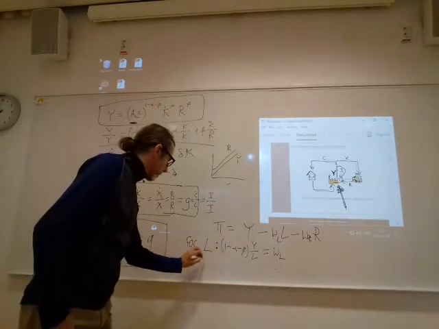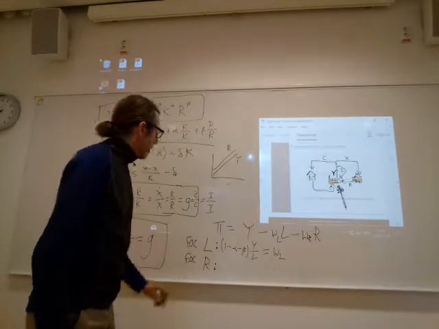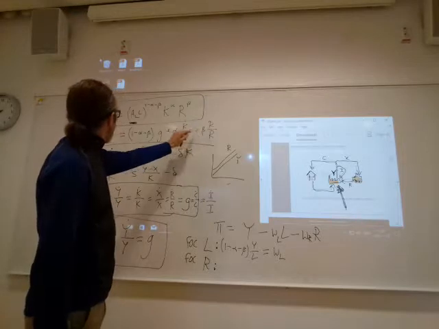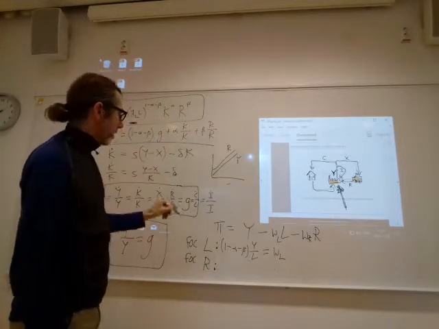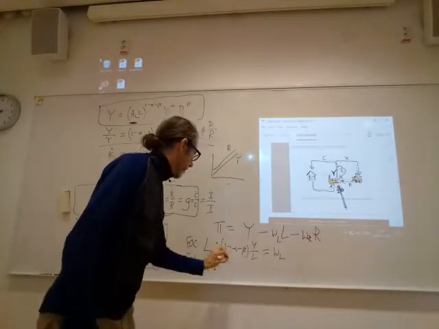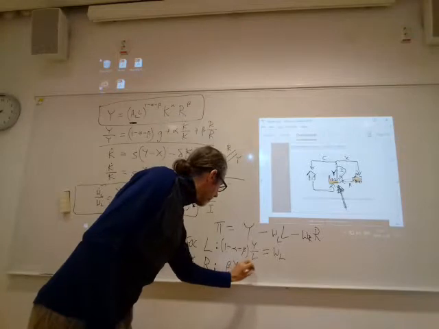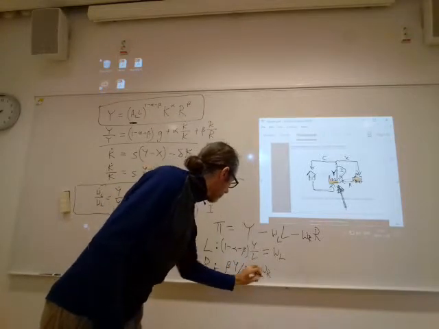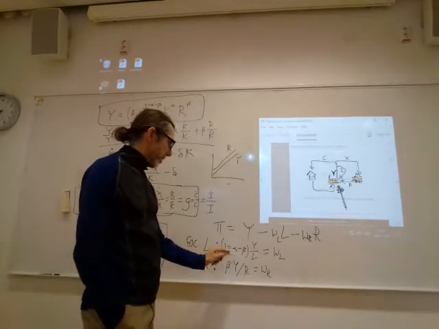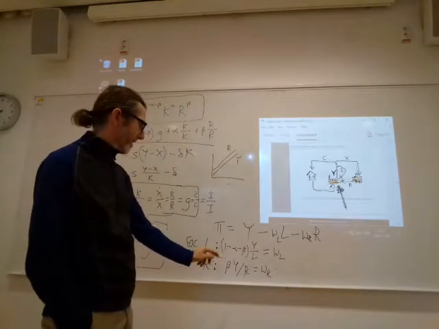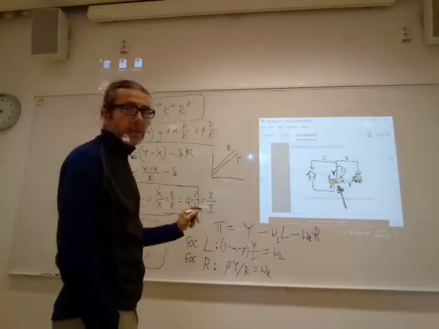What about the first order condition in R? That is going to be beta times Y over R equals WR. So again, oh no, so here it's different. So, yeah, let's take a look at this.